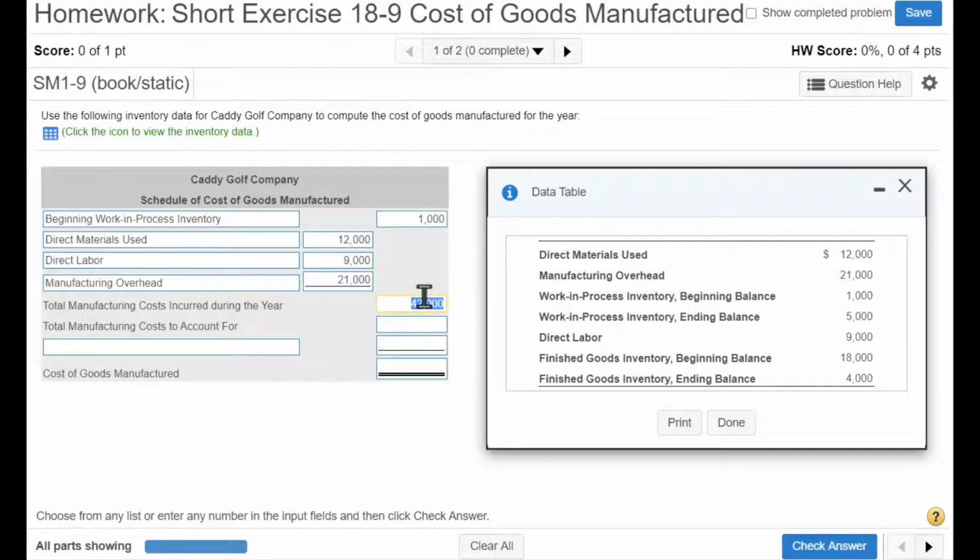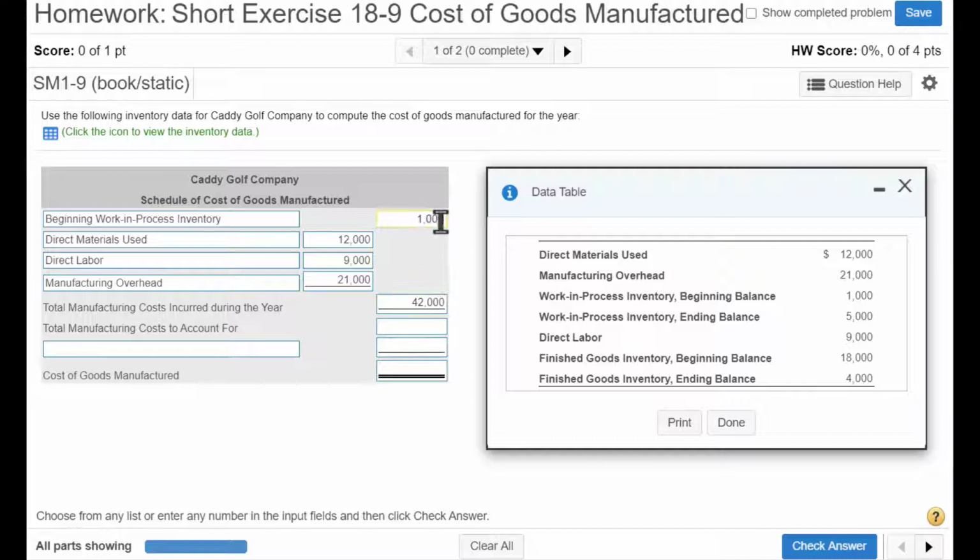We add that, the costs incurred, with the beginning work in process, and that gives us our total manufacturing costs to account for, 43,000. And I screwed that comma up. Remember, you don't have to put in the comma. I don't recommend them unless it makes it easier for you to read.